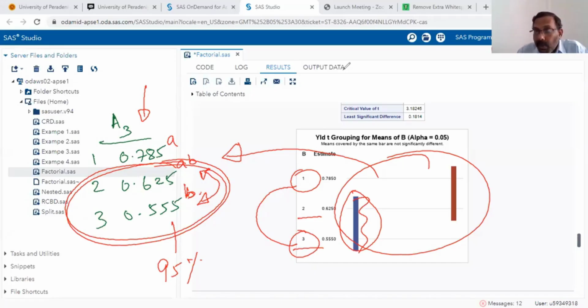So 95% sure, right? No difference between these two. So second and third memory are performing better than the first memory for program 3. Likewise, this is how we interpret. So the value itself is not enough. That is why we are using statistics.